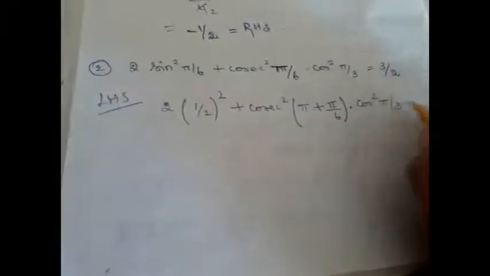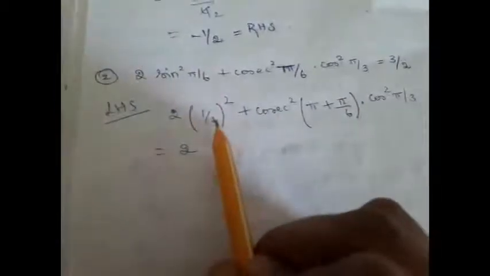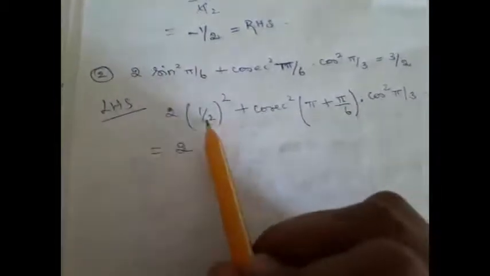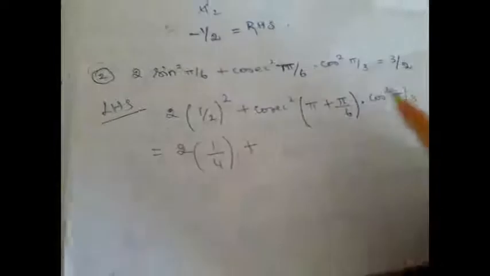So I am writing as such, which equals 2 into, on seeing 2 and 2, in a hurry don't cancel this 2 and this 2 because the whole square is there. So this will become 1 by 4 plus, now come back to this. What is cosec square of pi plus pi by 6?